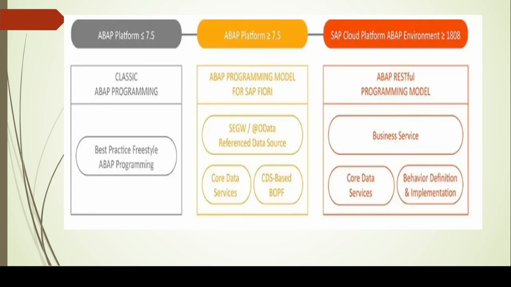Now let's discuss the different versions on different platforms. Time to time SAP introduced changes in the ABAP platform. For versions lower than 7.5, classic ABAP programming and freestyle ABAP programming were used. As time went on, the ABAP platform introduced versions greater than 7.5.